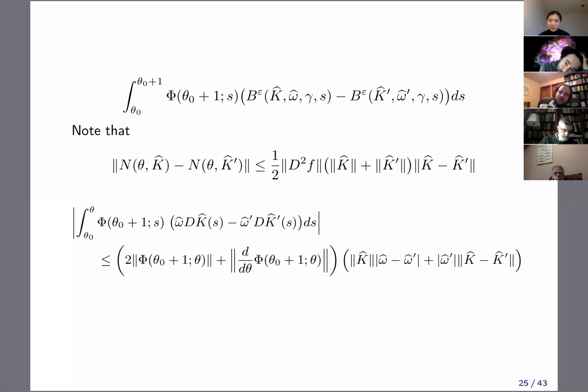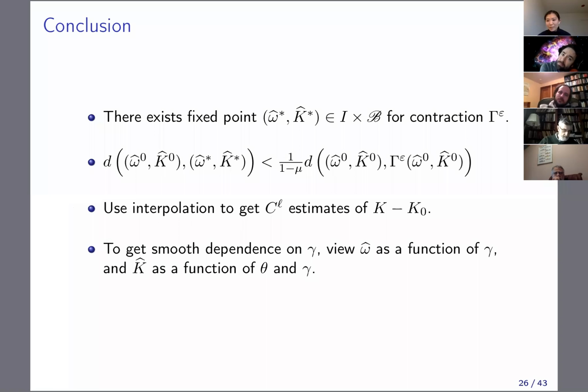So once we have these two lemmas, we know that there exists a fixed point in the space I cross calligraphic B for the contraction gamma epsilon. And if we use K0 plus K hat star, we will have a parameterization of the new periodic orbit. And omega 0 plus omega hat star is going to be the frequency of the new periodic orbit.